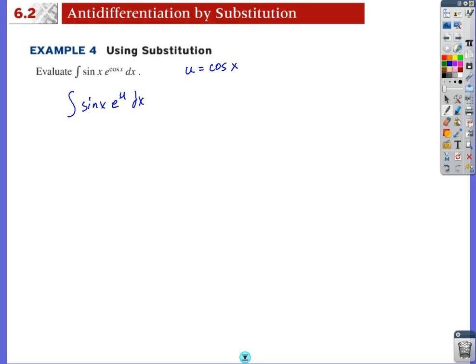Convenient. Okay. So what we're going to do is to take the derivative with respect to x, or du dx, over here is going to be equal to the derivative of cosine. Oh, that's negative sine of x. Well, it's getting a little bit better, but I want to make dx all by itself here, so I want to get du is equal to negative sine of x dx.